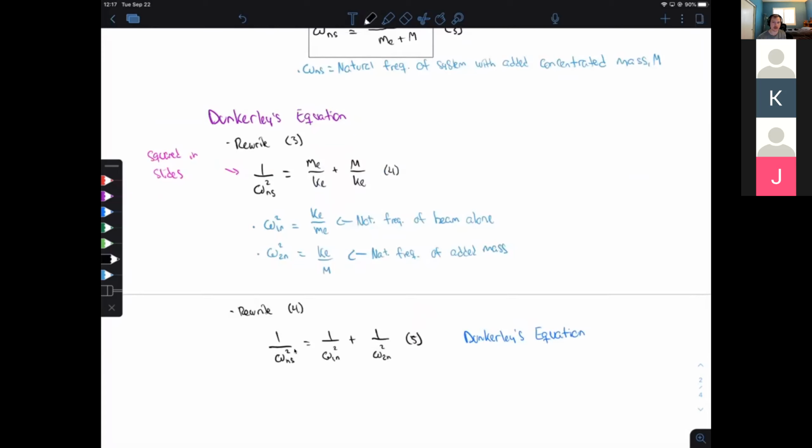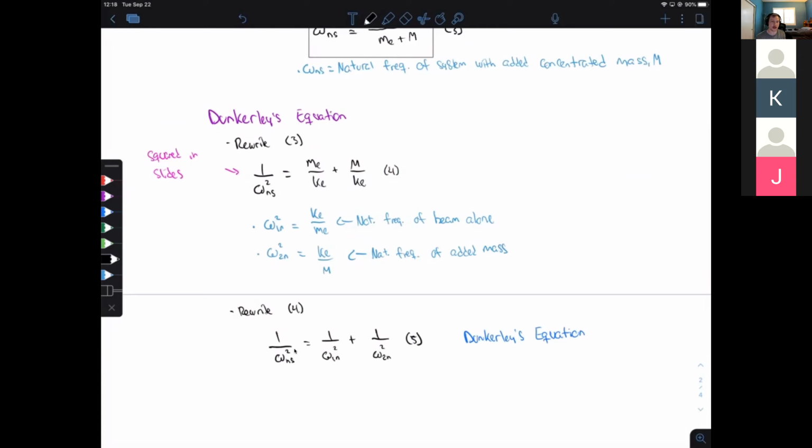Just remember, M sub e, that's our effective mass for our beam, and K sub e is the effective stiffness for the beam. And that's the beam alone. So that's without adding any external mass. Because if we add external mass, that's going to change the effective stiffness of the entire system. But M sub e and K sub e, they're just looking at the effective mass and the effective stiffness of the beam alone. So just the beam.